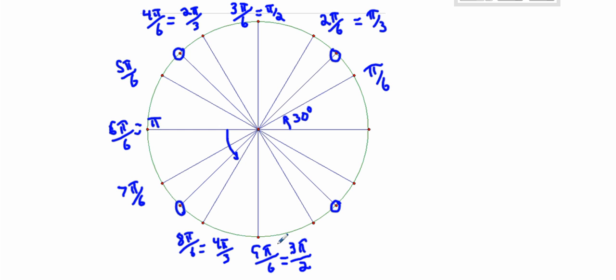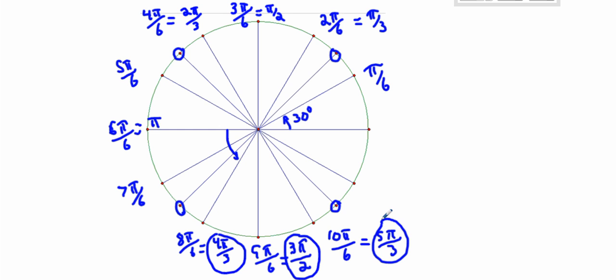So what's after 9 pi over 6? Well, we have 10 pi over 6, which reduces down to 5 pi over 3. And there's your 60 in quadrant 4. So I'm going to go ahead and circle these because they're getting crammed together down here. So I'm simply counting using multiples of pi over 6 and reducing down.